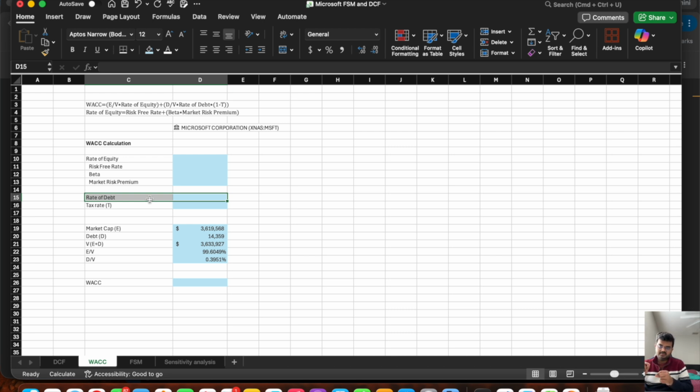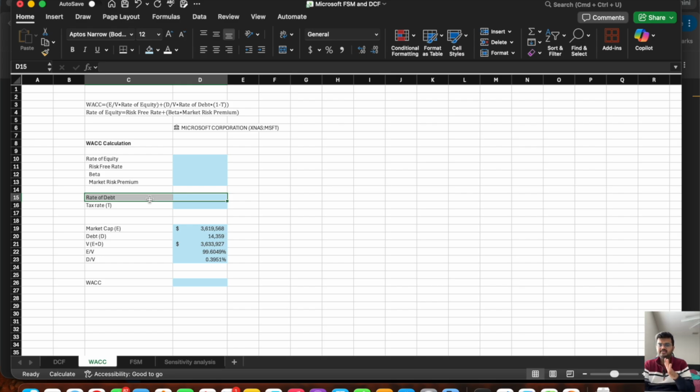That's the most accurate way. But the challenging part is that it is a paid subscription and a hefty premium. I don't have it, so I'm not able to use it. The simple way is to go back to the most recent 10K report and figure out the rate they are paying as interest on the debt. We can use that as a proxy, even though it might not be accurate.